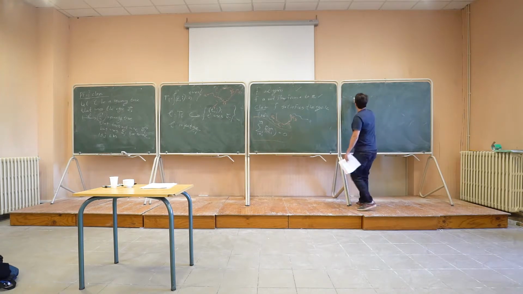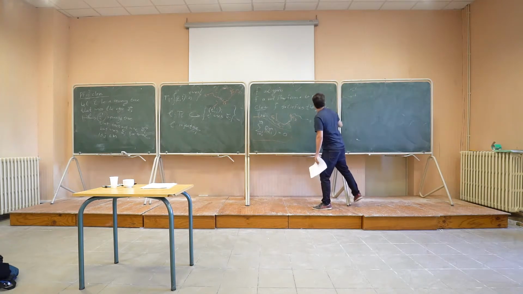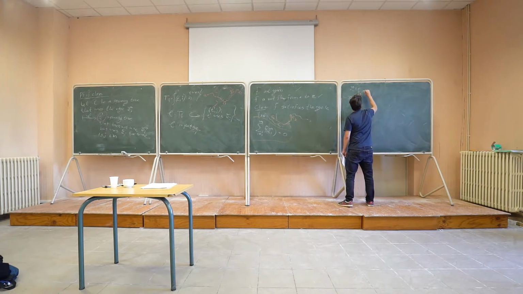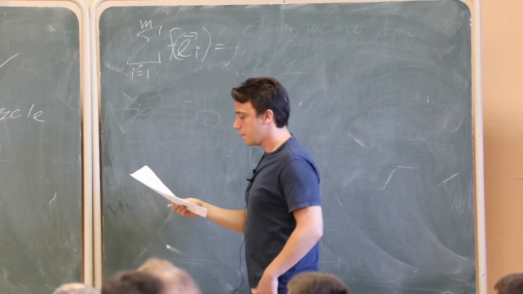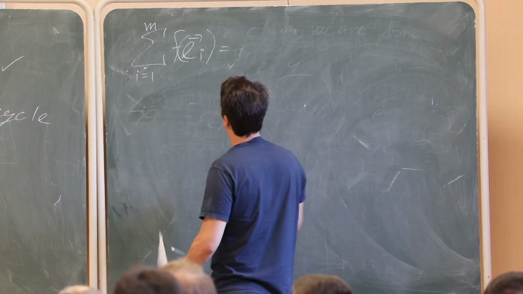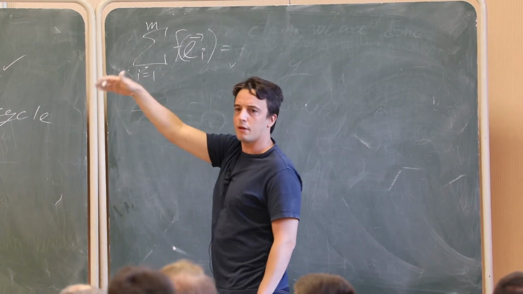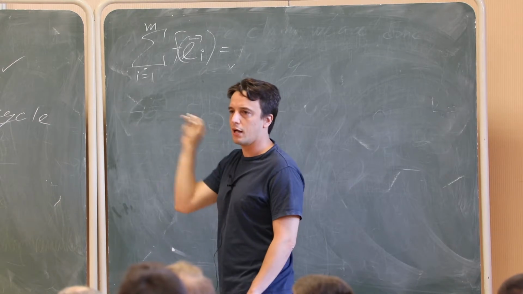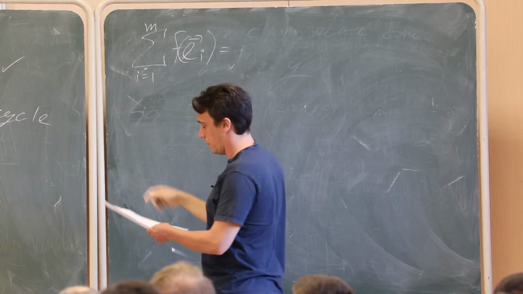So now I'm writing the sum over i from 1 to m of f of e_i. And I'm reminding you, f is the probability that the unique path from A to Z crosses that edge e_i in the direction.